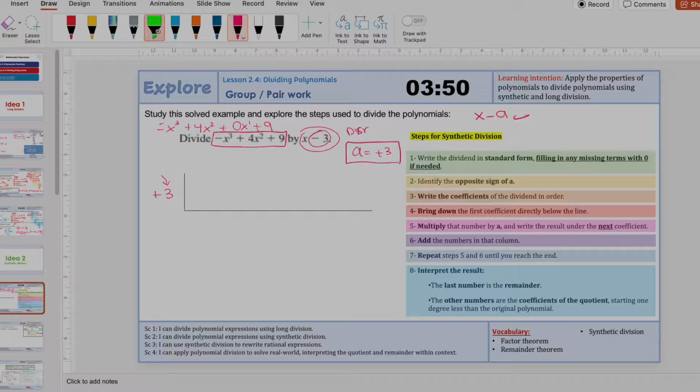Later on, take only the coefficients. Here it's negative 1, there's a hidden 1. So negative 1, positive 4, positive 0, positive 9, and write them down here. Here you're going to write down your coefficients and make sure they are from highest order to lowest order, and if there is a term missing, just replace it with 0.